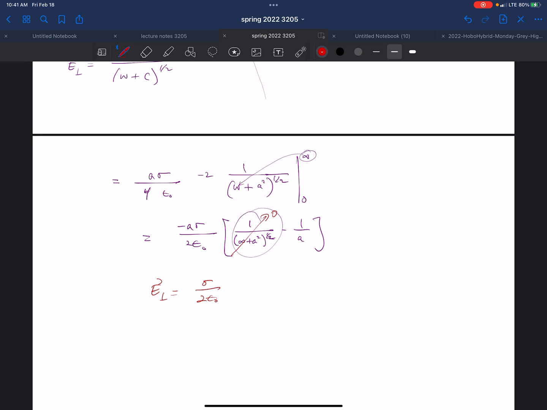Who else is weirded out by this? Are you weirded out by this? Yeah, the a is taken out entirely. So now you have no dependence on distance away from the sheet.